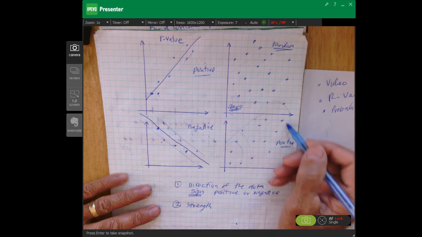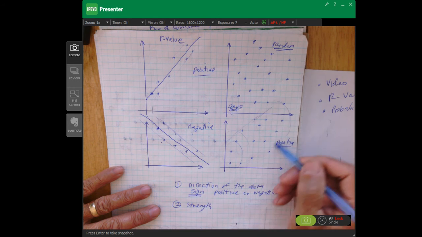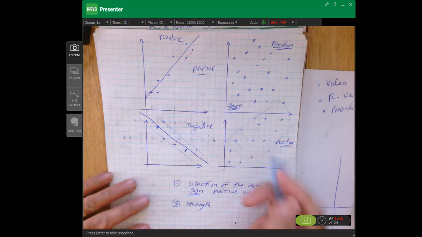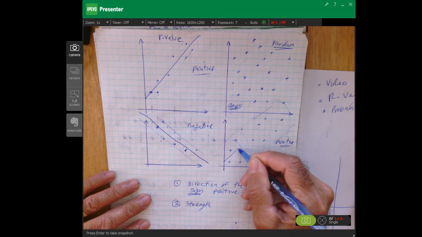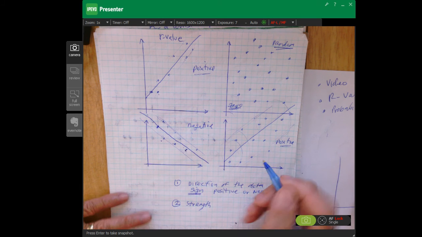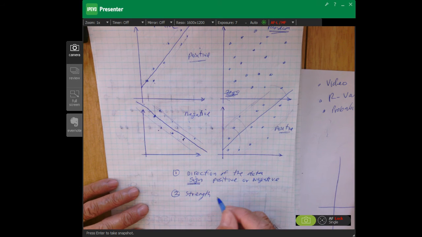On this one right here, you want to find the range of the data, mostly from here to here, width-wise, right down the middle. That's going to be your line of best fit. Okay, the strength, we're just going to talk about it as strong, weak, or zero.